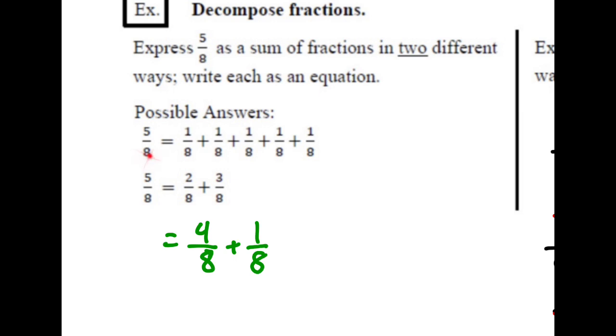What you notice is all of the denominators stayed the same, but the tops have to add up to 5. So 2 plus 3 is 5. 4 plus 1 is 5. We could have done 2 plus 2 plus 1 is 5, right? So now you just need to put them over 8. Now that equals 5/8.